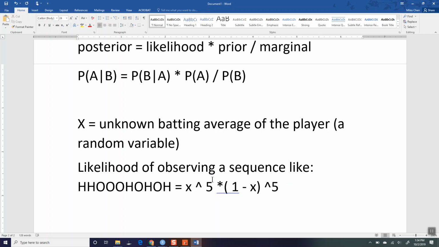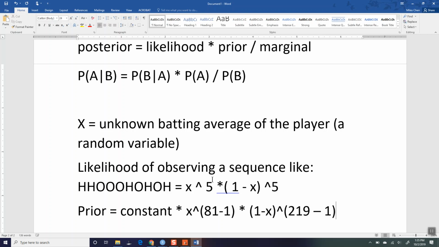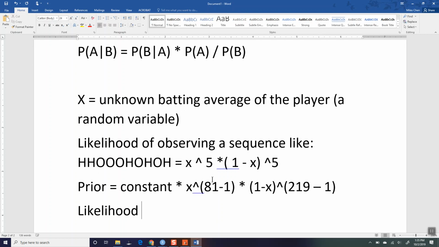The prior is equal to a constant times x to the 81 minus 1 times 1 minus x to the 219 minus 1. And then the likelihood times the prior ends up being x to the 86 minus 1 times 1 minus x to the 224 minus 1.